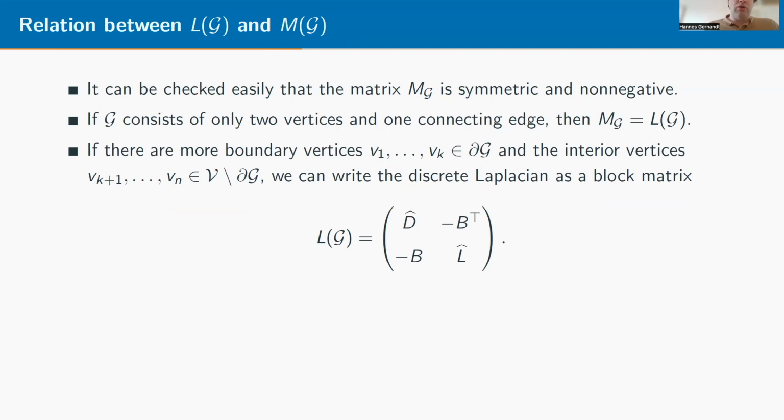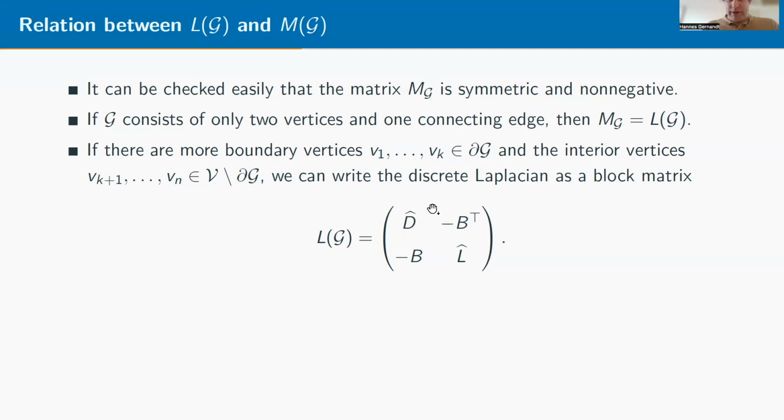So what you can always do, by resorting the vertices, is to split the graph Laplacian in such a way. And here, as I have done it before, I consider the vertices V1 to Vk to be the boundary vertices.